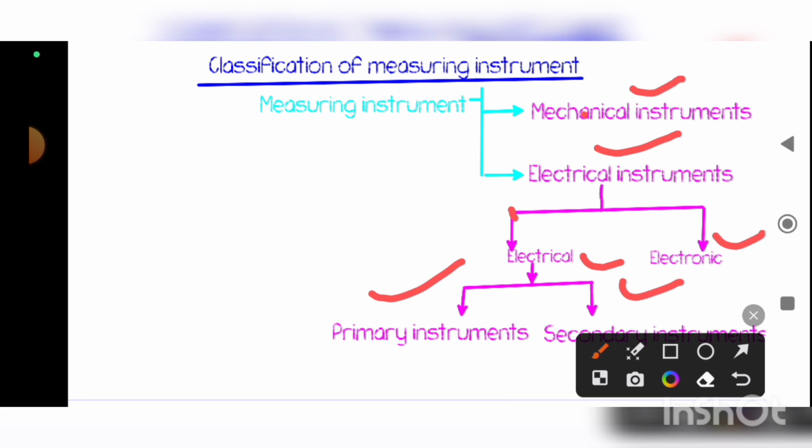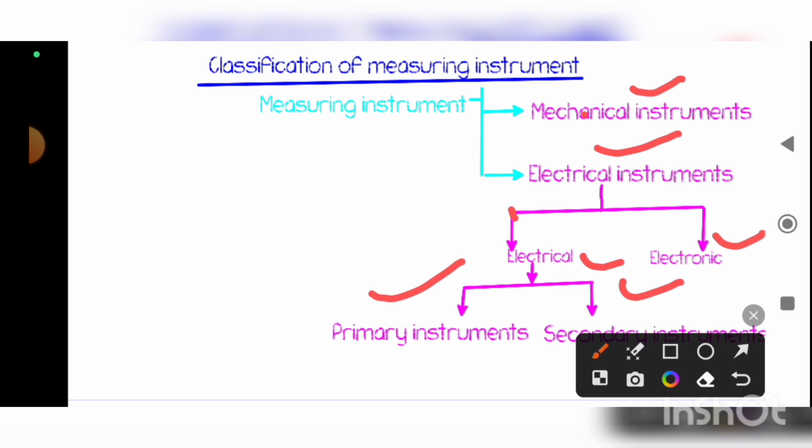Here the pointer will not show the magnitude, it will only show the deflection. For example, a galvanometer does not show its magnitude, it only shows its deflection.